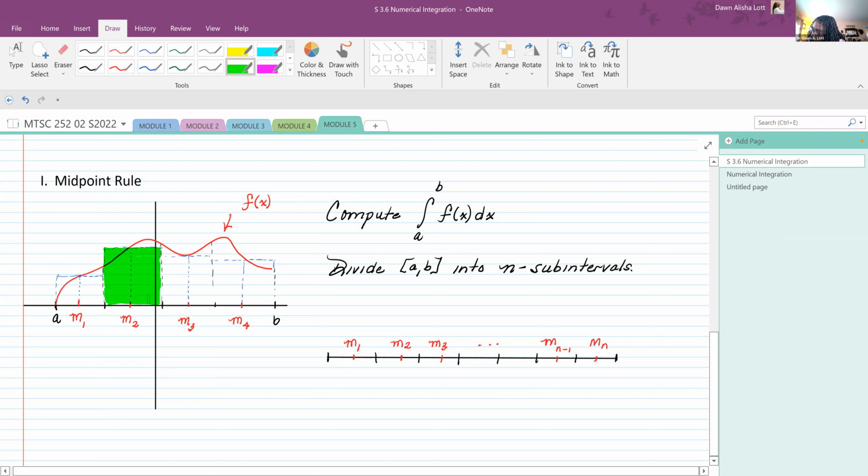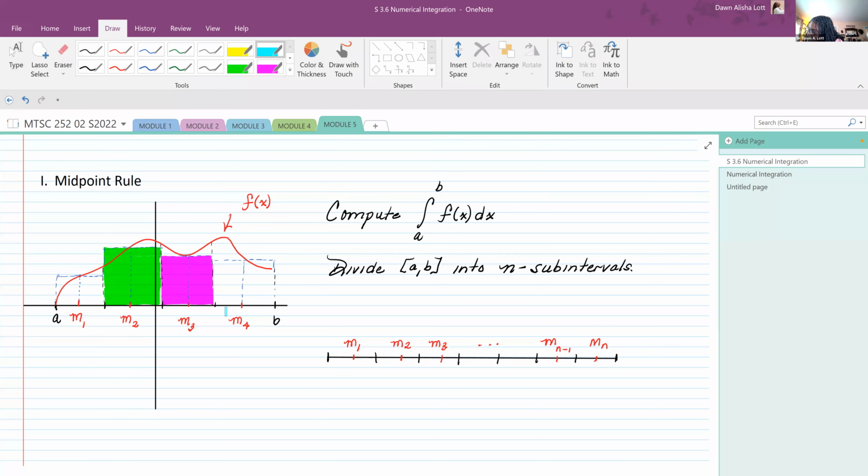All right, here's another rectangle. I'm not going to color them all in. Okay, so what is the length of the interval? Well, the length of the interval, we already said, is delta x.